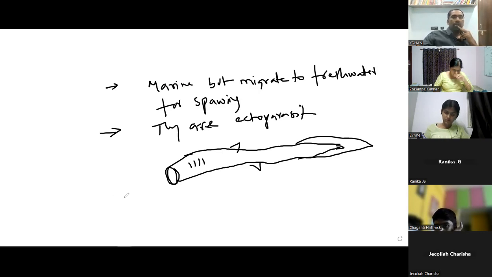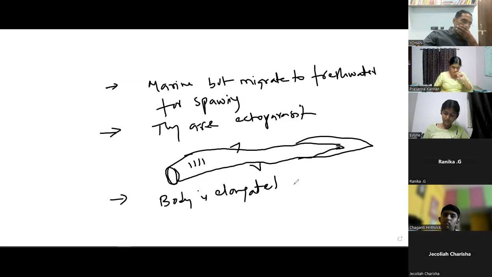Number two, body is elongated, means extended. This is body shape. Next, scales absent.